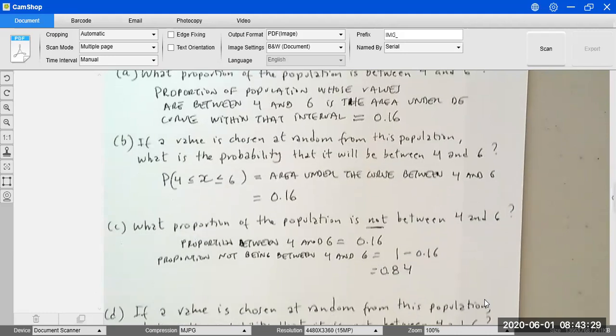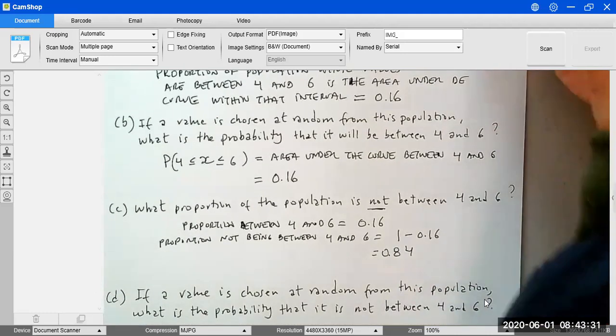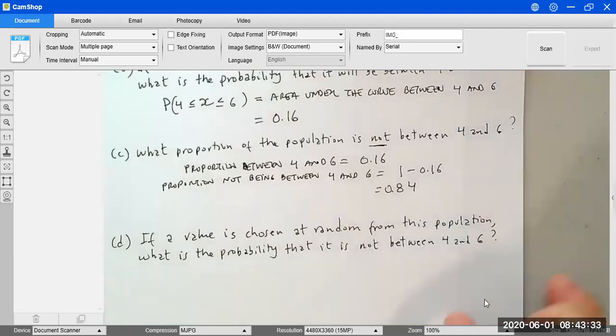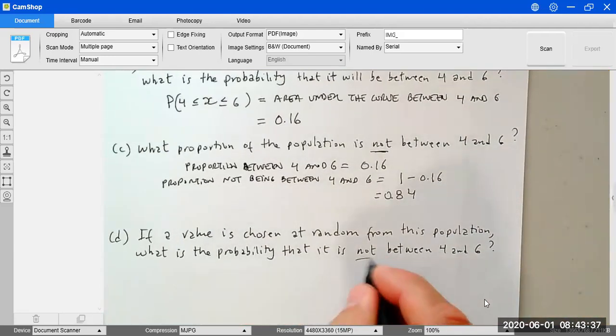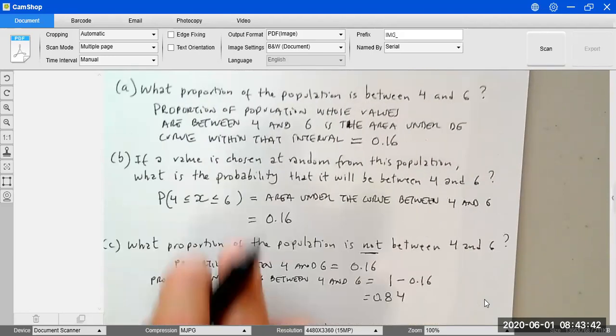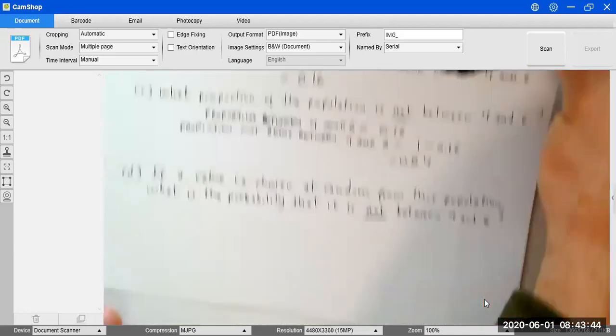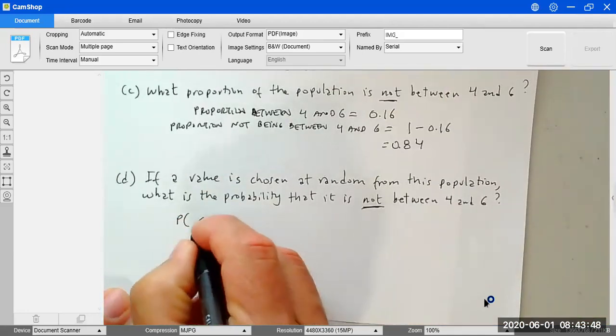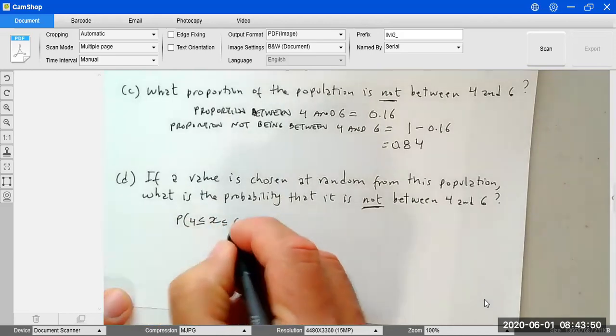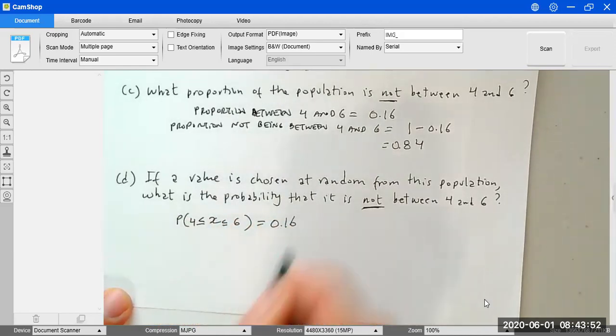Now, the final question. If a value is chosen at random from this population, what is the probability that it is not between 4 and 6? So this is the complement of question B. You know that the probability that the value is going to be between 4 and 6 is 0.16.